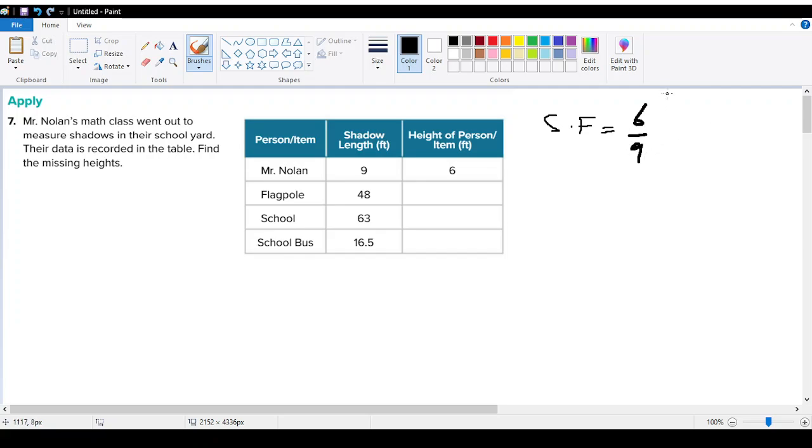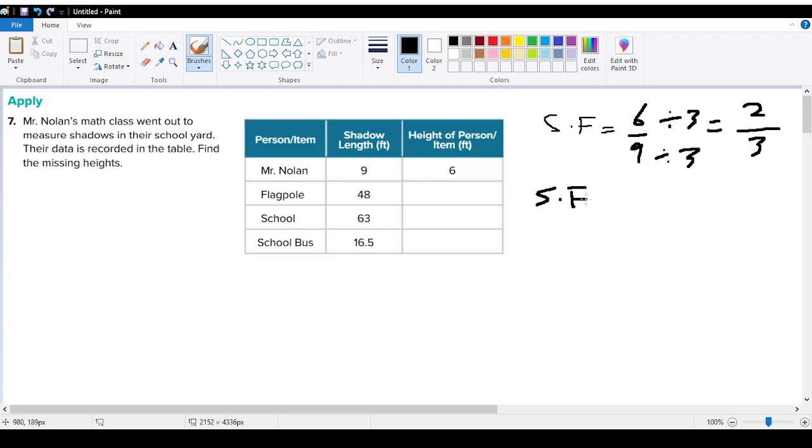I cannot divide them, but I can simplify it, like I simplified the 28/35. If you remember, you divide both of them by a single number. Divide by 3, divide by 3 as well. Okay, 6 divided by 3 how much? 2, and then over 3. Okay, this is the scale factor.